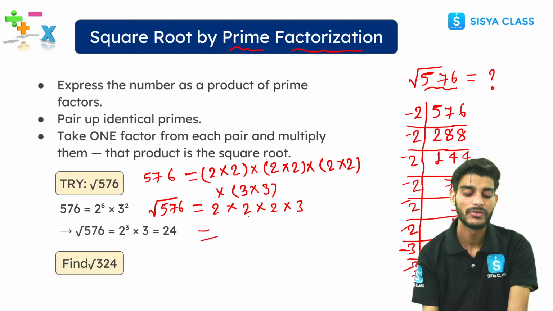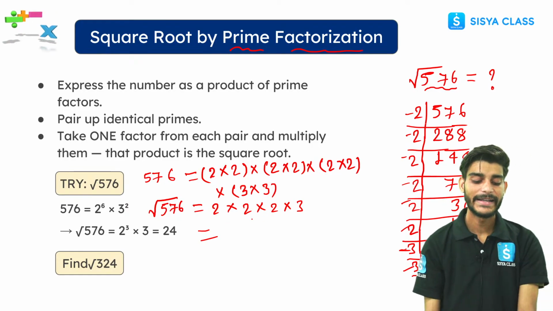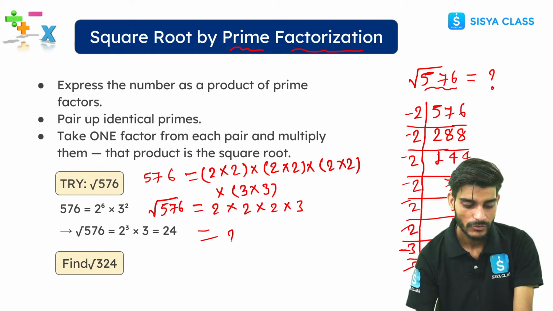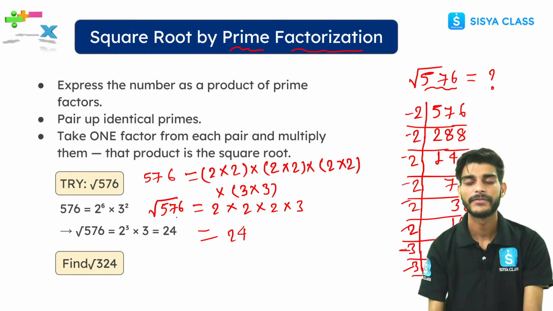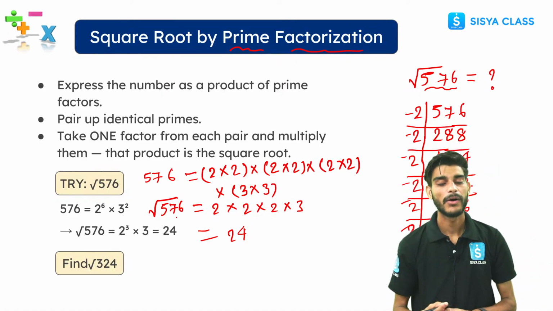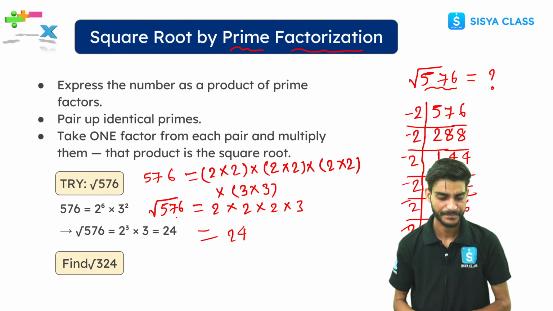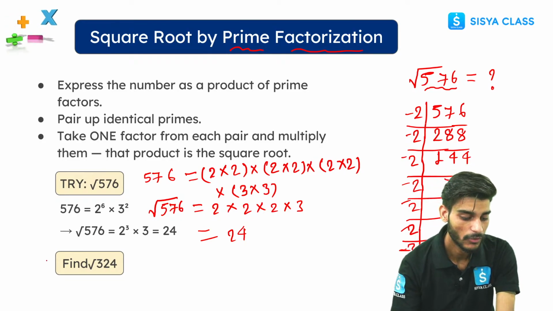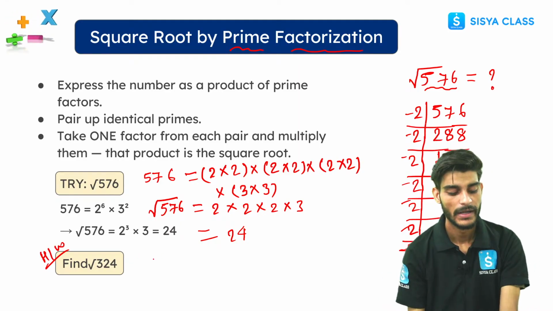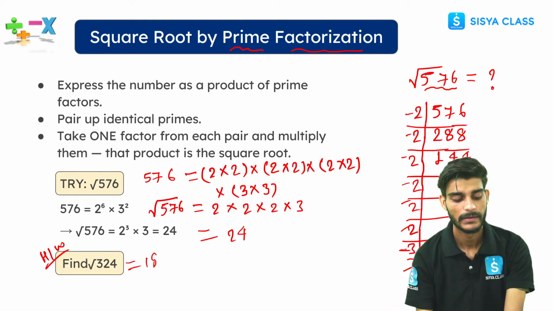So this is 2 into 2 into 2, that is 8, and 8 into 3 is 24. So the square root of 576 is 24. This is how you have to tackle the question. Now this one will be homework for you. You can simply find the square root of 324 and it will come out to be 18.